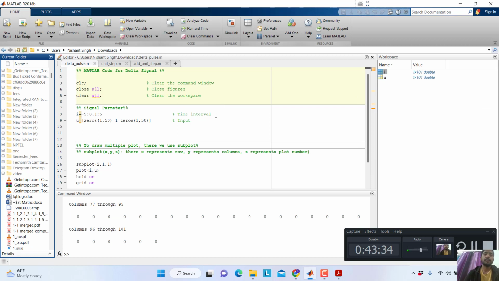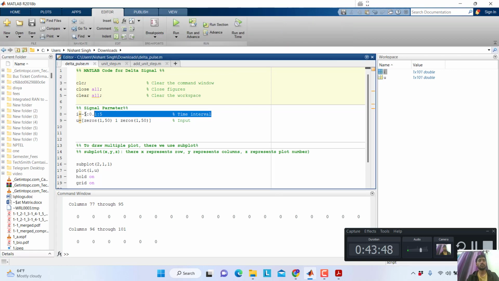So there we consider the time interval because we have to represent the delta pulse on the x-axis. Generally on the x-axis we represent the time interval, so that is shown by I. As we know, the delta pulse comes as 1 at t equal to 0, otherwise it will be 0.